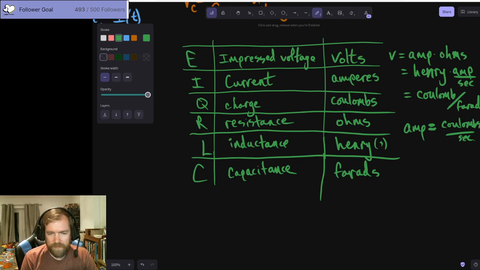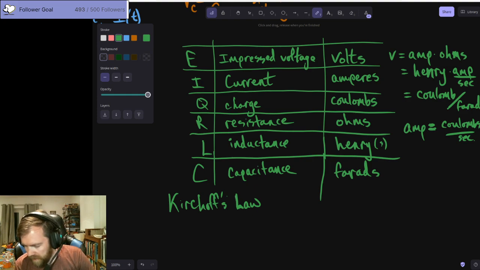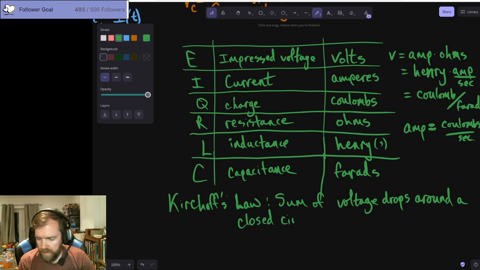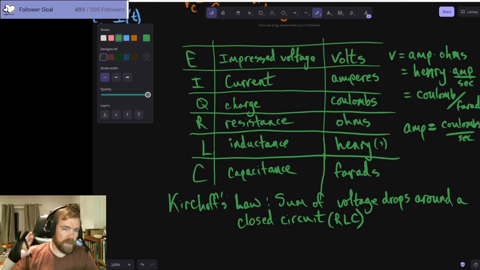so what we have is that there is a statement called Kirchhoff's law, which says that the sum of the voltage drops around a closed circuit, and this does have to be just a simple RLC circuit, only using some or all of these particular components.